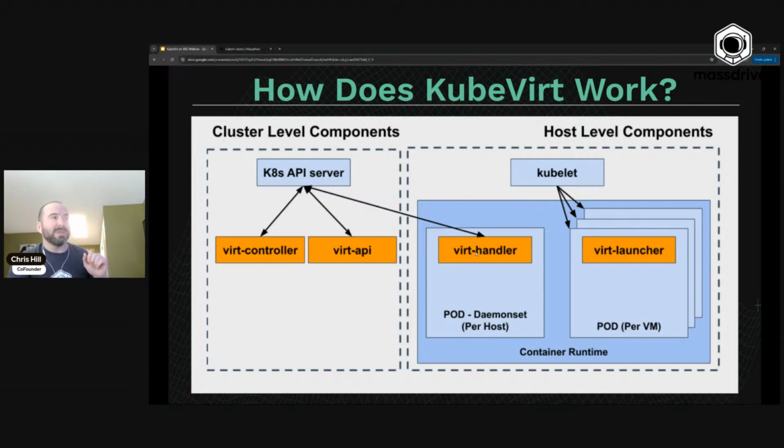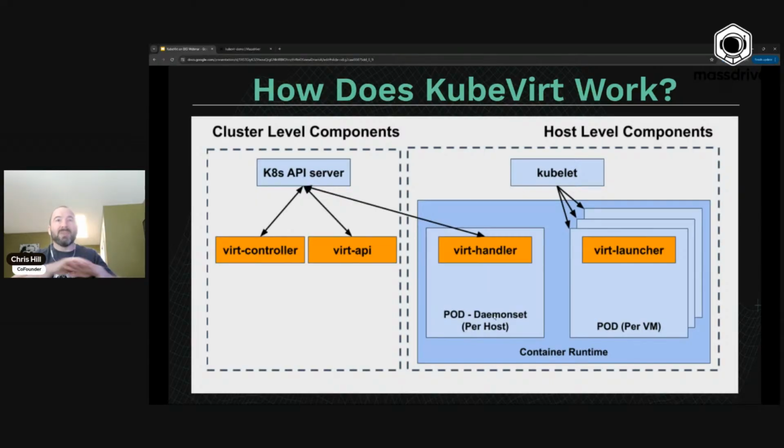Additionally, there's a Virt handler that gets installed as a daemon set. Now, a daemon set is something that runs on all nodes, or at least a subset of the nodes. So unlike other resources where you say, I want 3 of them or 2 of them, or to auto scale them, a daemon set usually is going to be system components, like a logger, a log aggregator, or something like that.